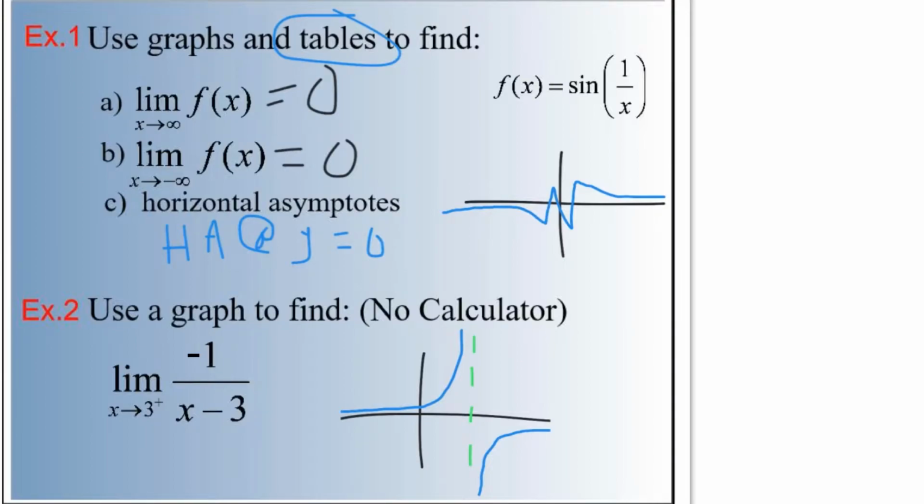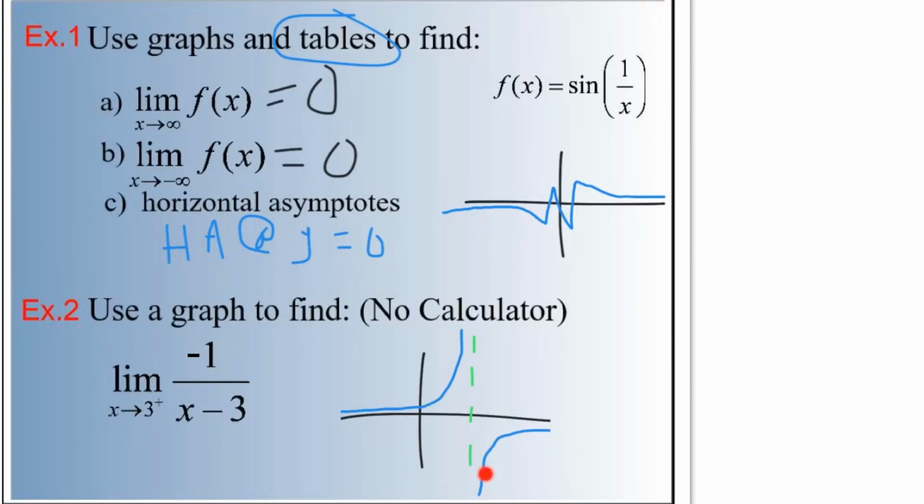Look at example number 2. It says use a graph to find the limit as x approaches 3 from the right of the function 1 over x minus 3. So I graphed our function in blue. You can see there's a vertical asymptote there in green, a little green dashed line. So what's happening here? As x approaches 3 from the right, what happened to the curve? You see how the curve is dropping down?